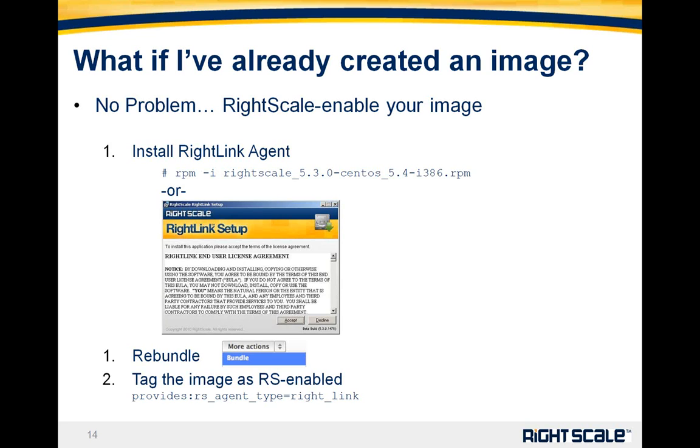So you can download these RPMs or Debian packages and install them, or on Windows you can download our installer and install RightLink. After you're done, you simply rebundle, tell us that this supports RightScale, and after that you can start using the full machinery, including monitoring, adding scripts, all the automation. It'll all be there for you. So I encourage you to check this out.